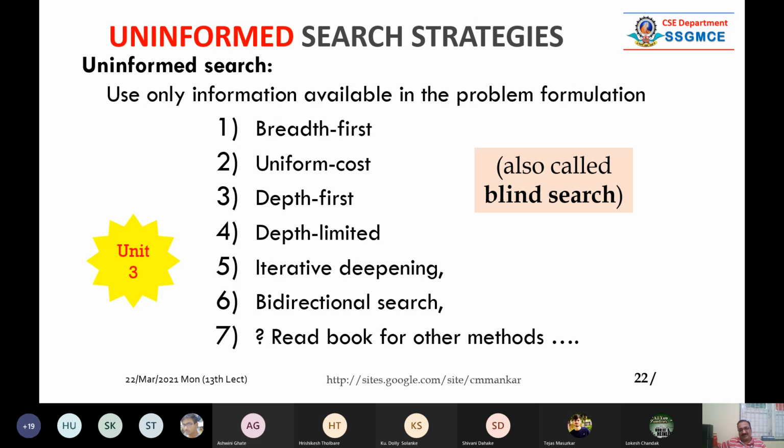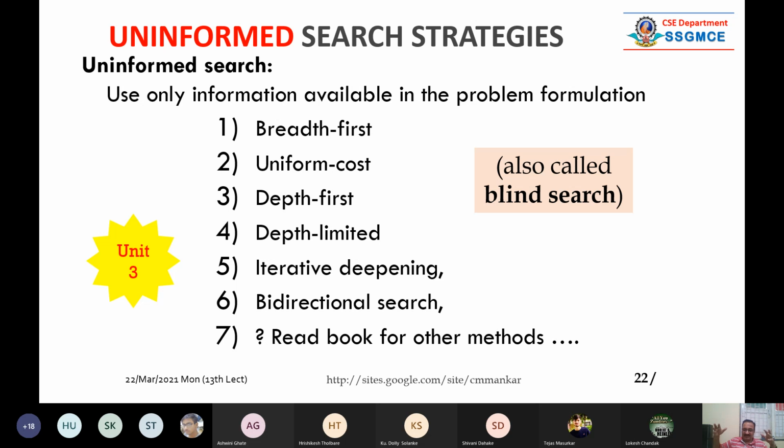There is one more alternative name, that is blind search. Please note this: blind search is nothing but uninformed search algorithms. They use only information available in the problem formulation. So whatever information we have about the environment, this works on that.